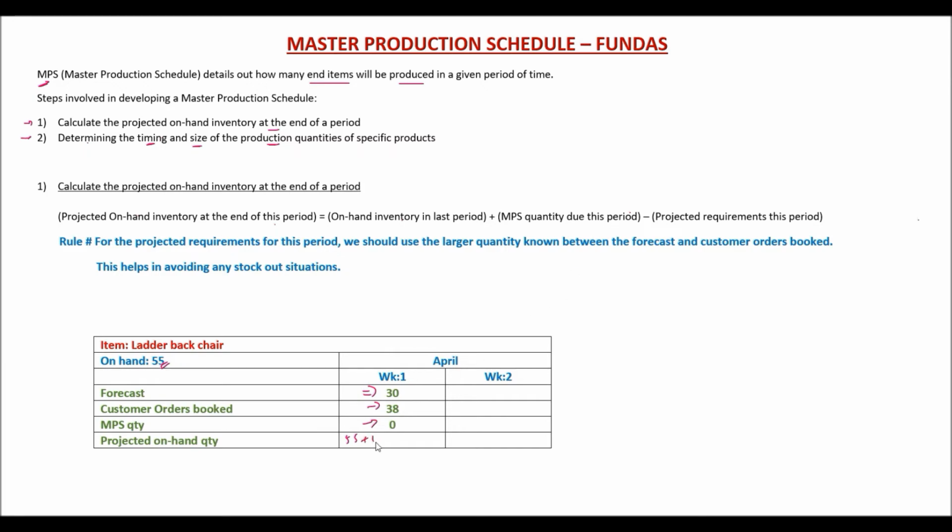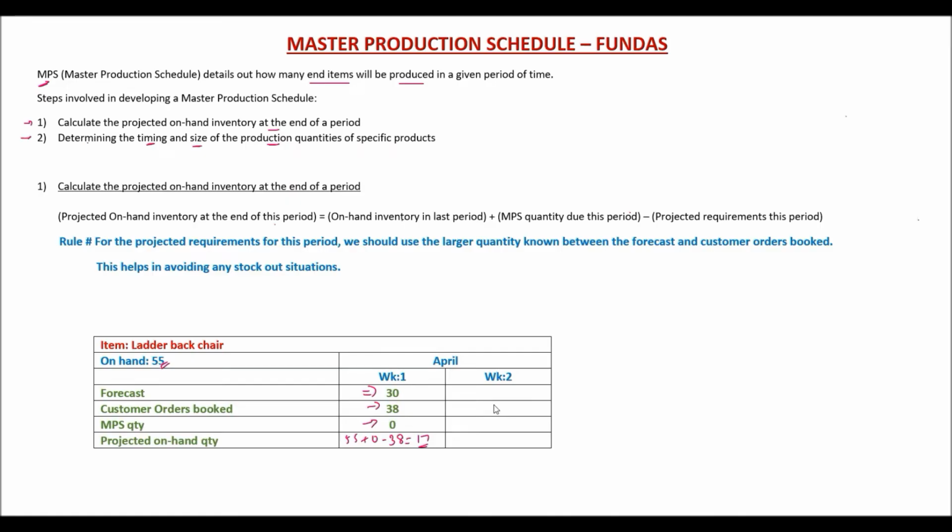So plus 0, minus the projected requirements this period, which will be 38, because as we saw in this rule here, we have to take the larger between the forecast and the customer orders booked. So this is 38. So minus 38. So this will be equal to 17. So 17 chairs is the projected on-hand quantity at the end of week 1.